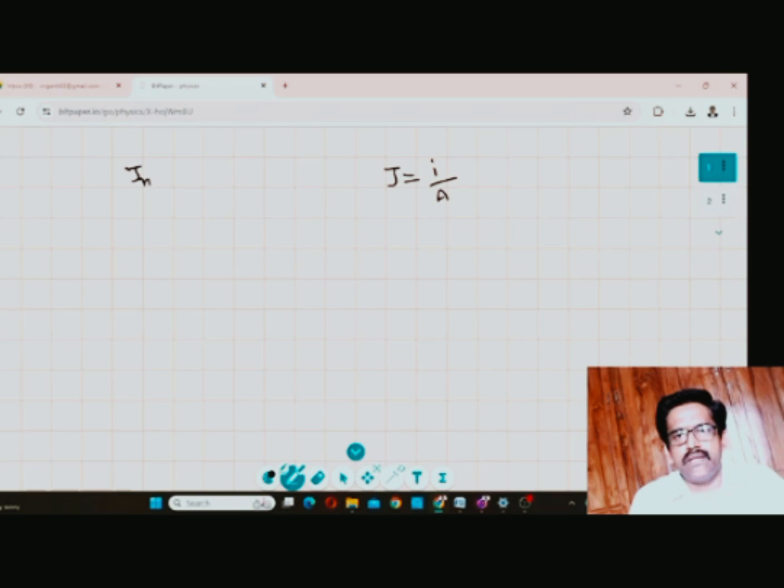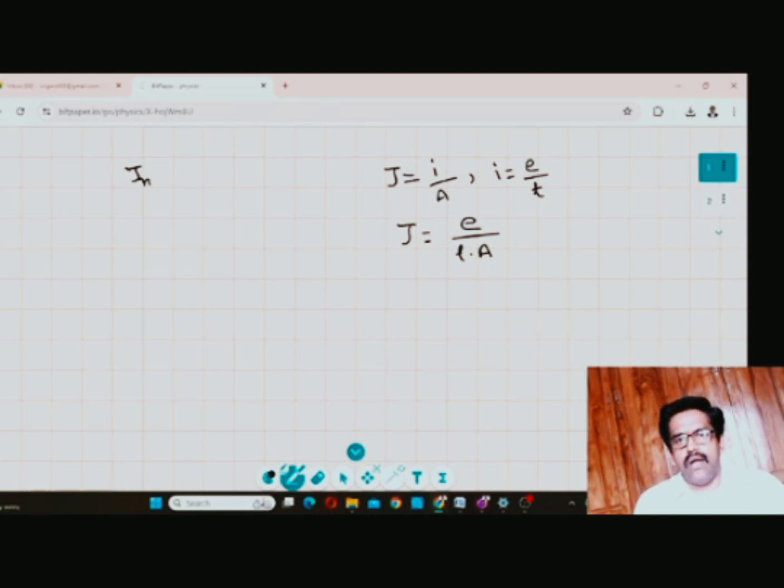Current is charge per time, I equals charge per time. So the current density J is equal to charge per time into area.